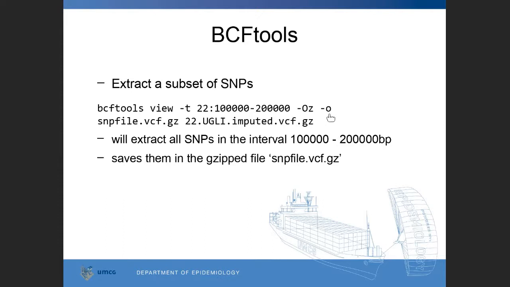You can save this file with the -O option. You give in the name for the file, so snpfile.vcf.gz, and with this capital OZ, you tell it to zip the results file. And here you tell it what the input file is.